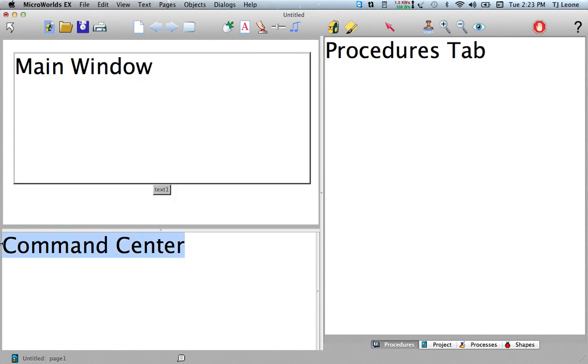Let's see. So we have the basic operators. We have addition. We have subtraction. We have multiplication.